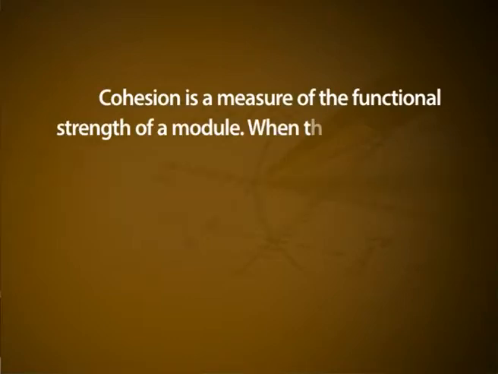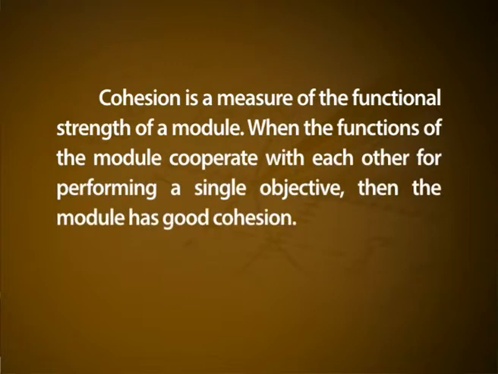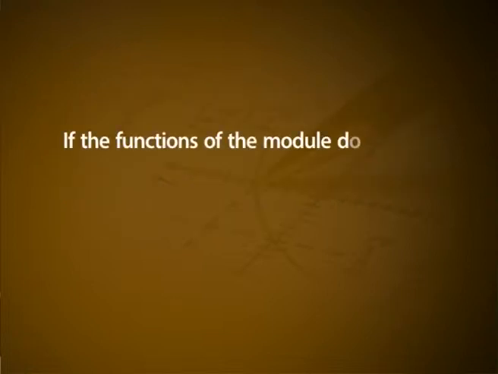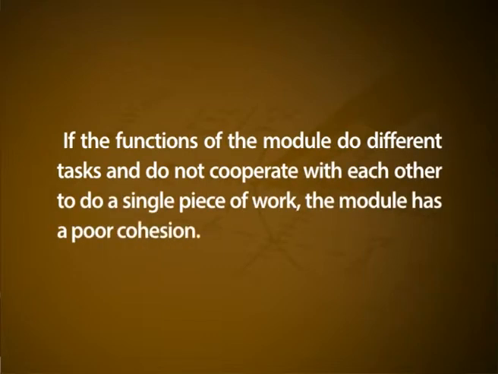Cohesion. Cohesion is a measure of the functional strength of a module. When the functions of the module cooperate with each other for performing a single objective, then the module has good cohesion. If the functions of the module do different tasks and do not cooperate with each other to do a single piece of work, the module has poor cohesion.